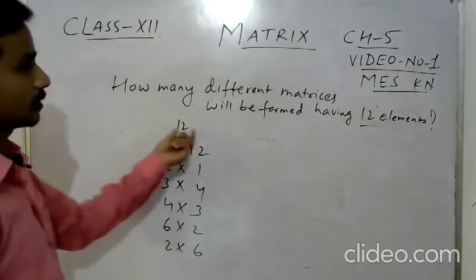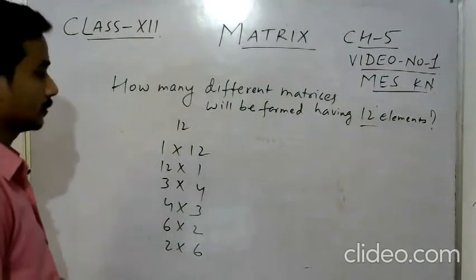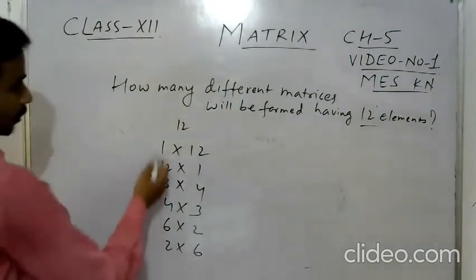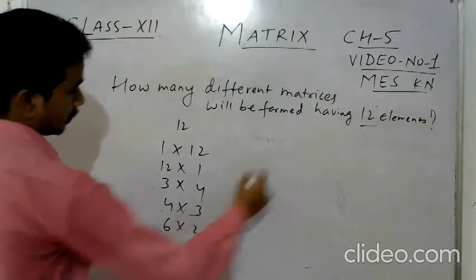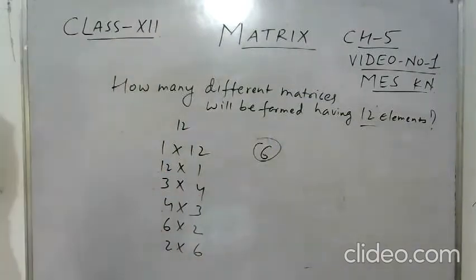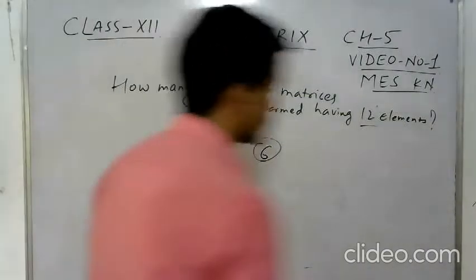So you have to just write the factors this way. So how many matrices are possible? 1 2 3 4 5 6. So there are total 6 matrices possible. Okay, in this way you will solve this type of problem.